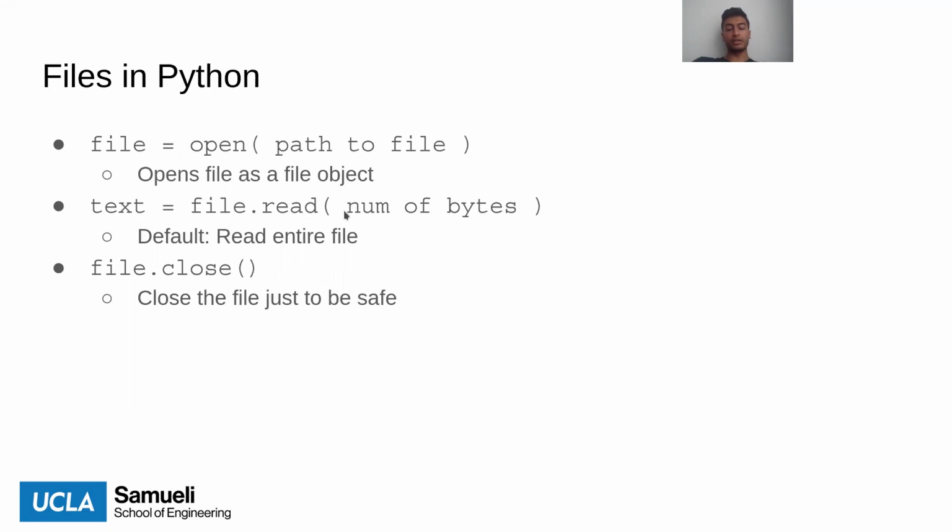The input to read can be the number of bytes, but the default is it'll read the entire file. So you just want to do file.read on any of the files within the .git repo, and it'll give you the string with all the data. And once you're done reading, you want to close the file just to be safe.